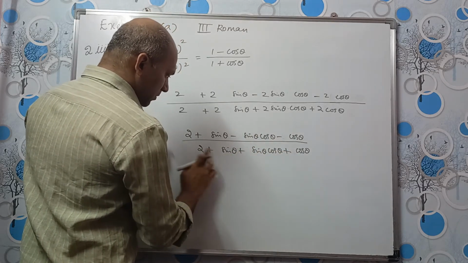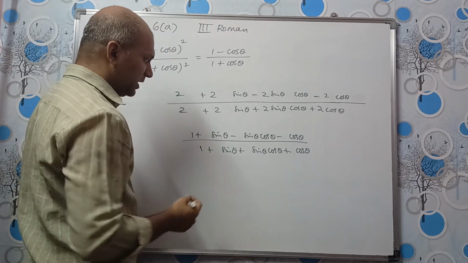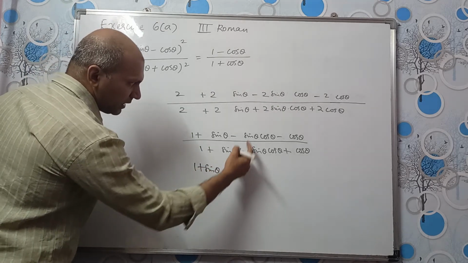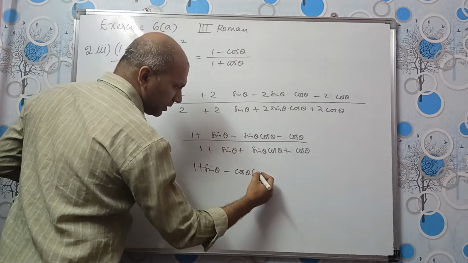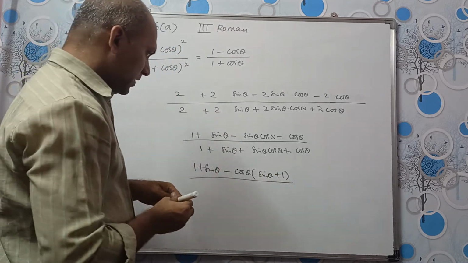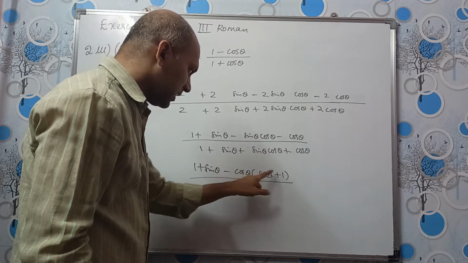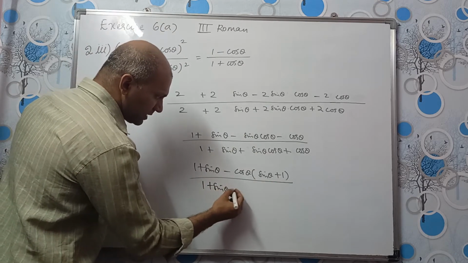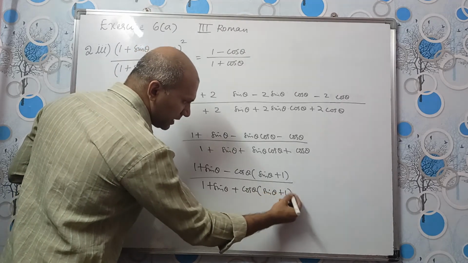Here 1 will be remaining, because if you take out 2, here 1 will be remaining. So here it is 1 plus sin theta minus, can you take cos theta common here? If you take minus cos theta common, here what will be left? Sin plus 1 will be left. If you are having doubts, just multiply cos theta into sin theta cos theta with minus sign, minus into plus is minus; cos theta into 1 is cos theta. And here we have 1 plus sin plus, take cos theta common, we will have sin theta plus 1 here.